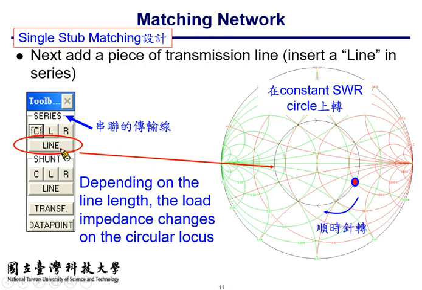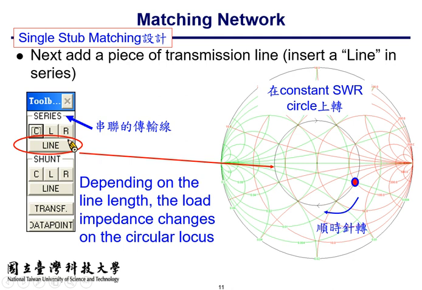The second thing is connecting the load with a piece of transmission line. Note that we are moving on the Smith chart from right to left, from the very end of the transmission line termination toward the generator. Therefore, the locus of the characteristic impedance shall rotate clockwise on the Smith chart.